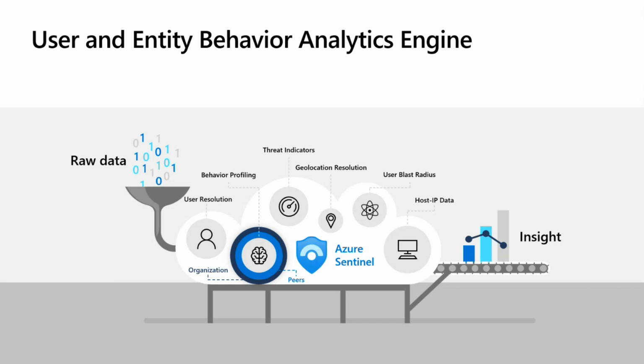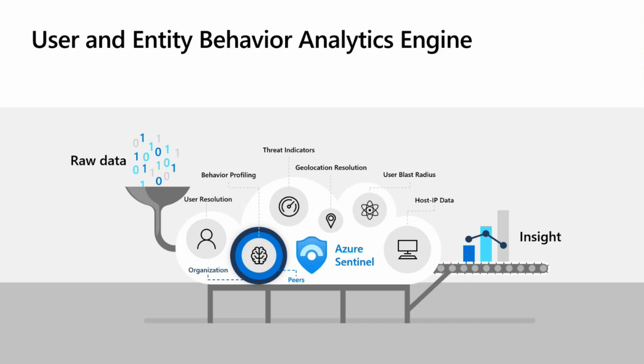Then we like to enrich the data with additional context or analysis. For example, we might pull in some threat indicators from Microsoft's threat intelligence service or location resolution data for public IPs. Then we focus on the user's blast radius, which is the user's potential impact on the organization if their identity is compromised.